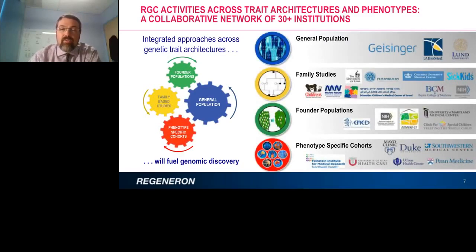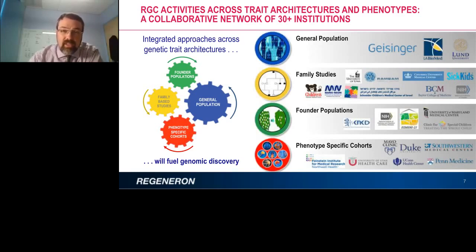So to try to deliver all of these insights at the RGC, we are playing across the full spectrum of genetics studies. We have general population studies, our foundational study that I'll talk a lot about, with the Geisinger healthcare system, the Discover cohort sequencing, which allows us to identify a broad spectrum of people, get deep electronic health record data from which we can mine for a variety of phenotypes, and looking at very large sets of individuals, identify both common and rare variants that we can do statistical testing on.